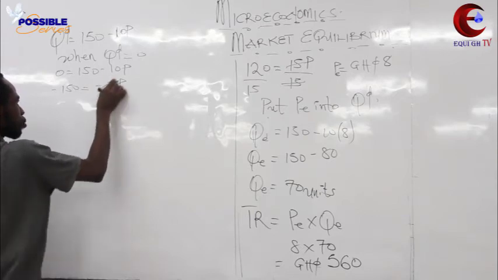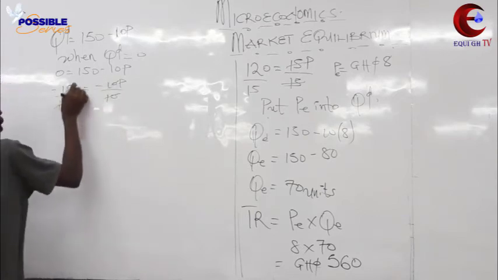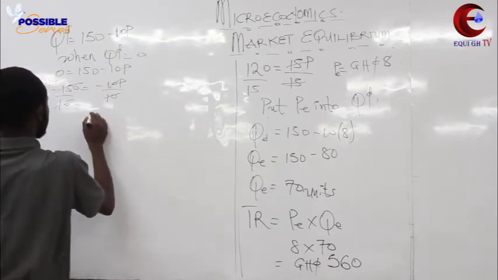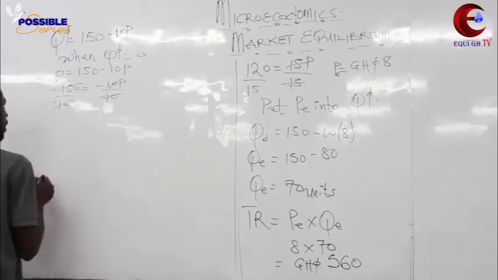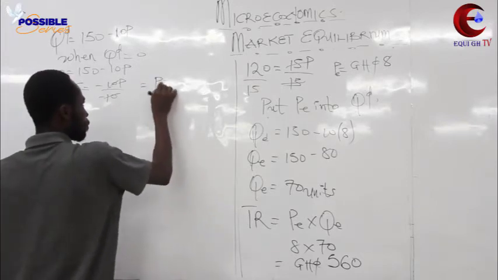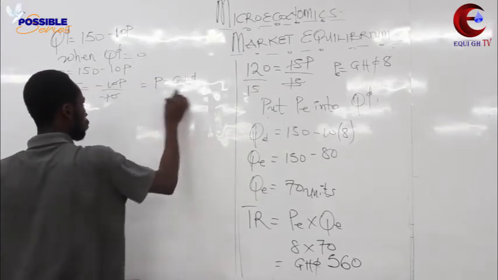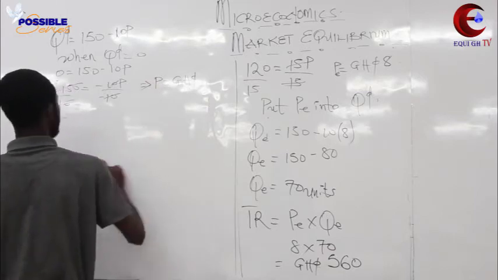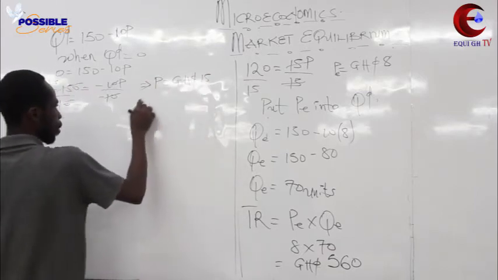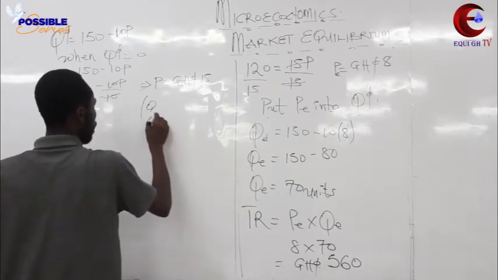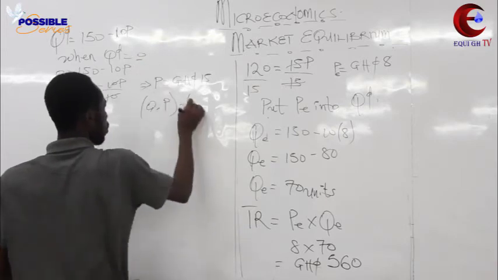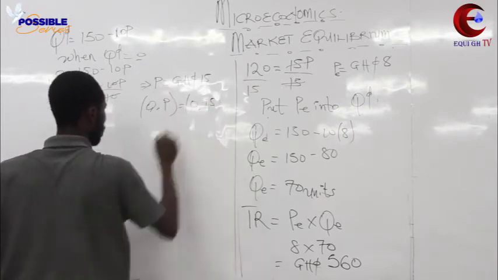Divide both sides by 10, the negative 10 cancels, and we get 15. So I'll get P equal to 15 Ghana cedis. And then representing it in coordinate form, Q and P will give us 0 and 15.